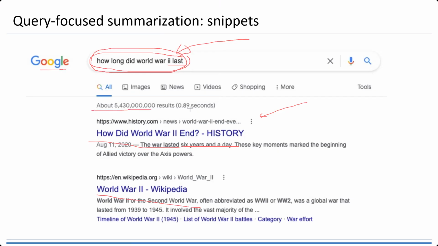If you look at the result here, there are about 5 billion results, but the most important part will be at the top, the next on the second, and so on. This is one example of query-focused summarization.